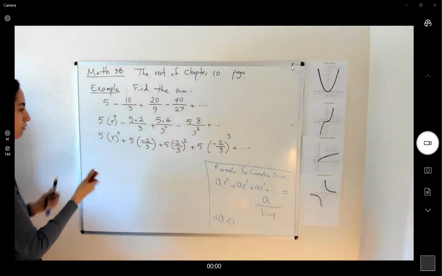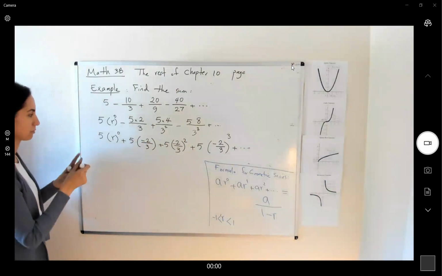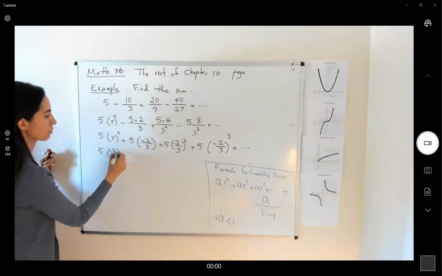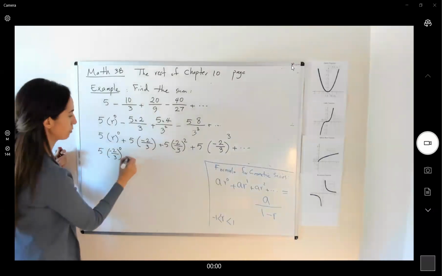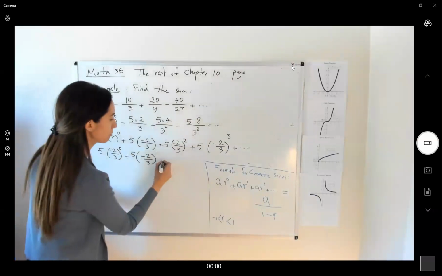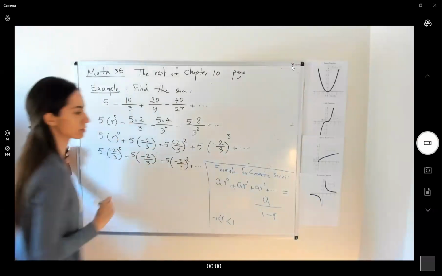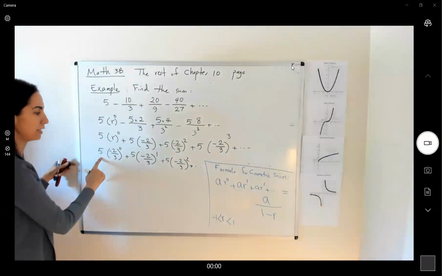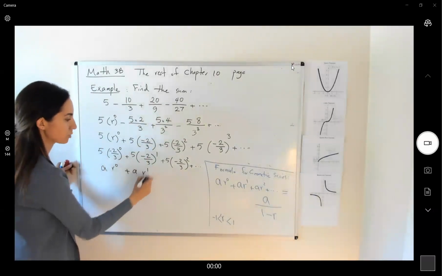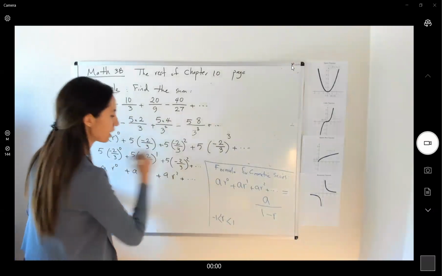So take a look at your formula. Here you have 5 times negative 2 thirds raised to the 0 plus 5 times negative 2 thirds to the 1st power plus 5 times negative 2 thirds to the 2nd power plus the rest of them. In the formula, I have a times r to 0, a times r to the 1st power plus a times r to the 2nd power, and so on.